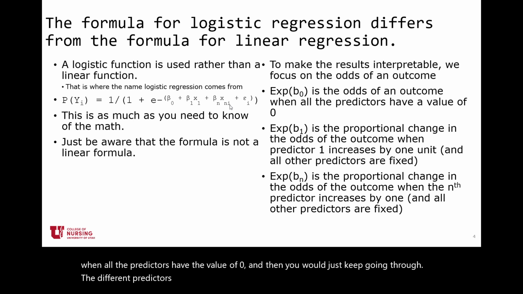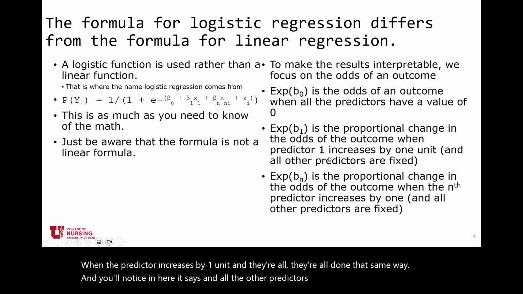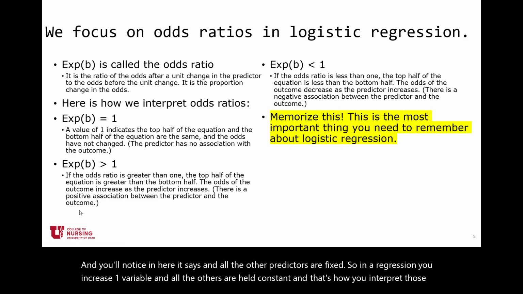Exponentiated b1 is the proportional change in the odds of the outcome when the predictor increases by 1 unit. And they're all done that same way. And you'll notice in here it says, and all the other predictors are fixed. So in a regression, you increase one variable and all the others are held constant. And that's how you interpret those things.